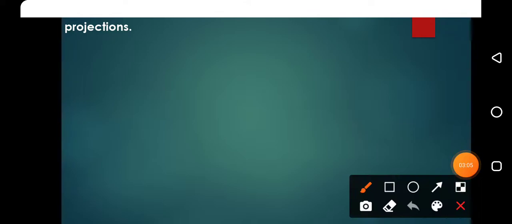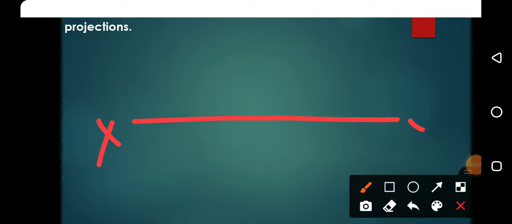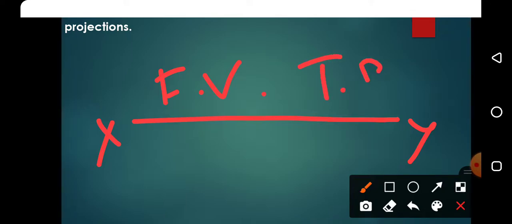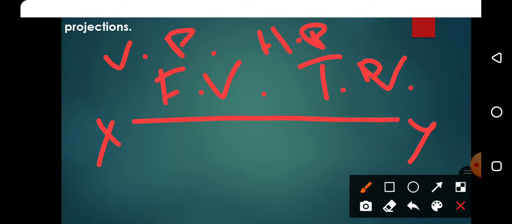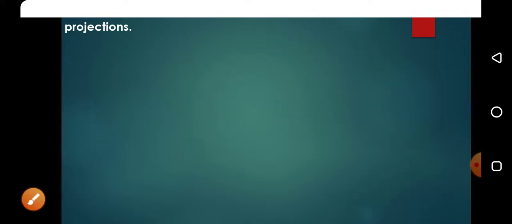In the second quadrant, your front view is above the XY line and your top view also is above the XY line. Your principal planes, that is the vertical plane is above the XY line and your horizontal plane is also above the XY line, right? Have you got it cleared? This is the problem I am solving, based on the second quadrant.